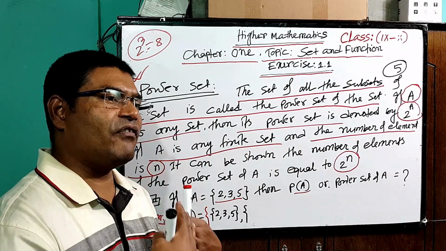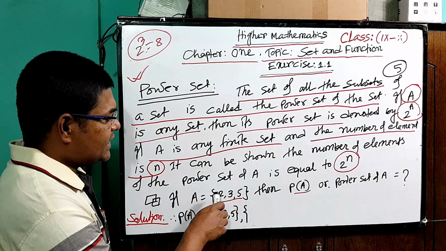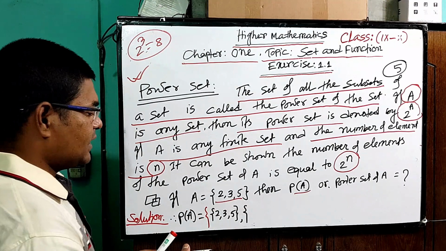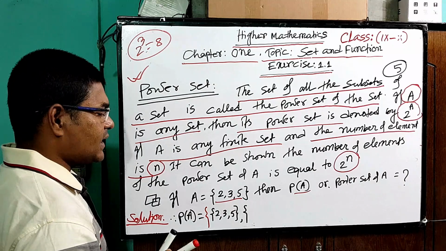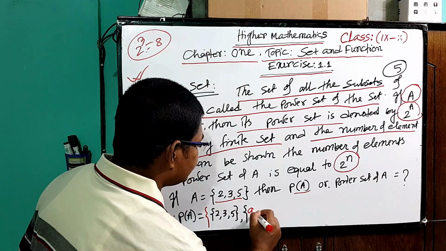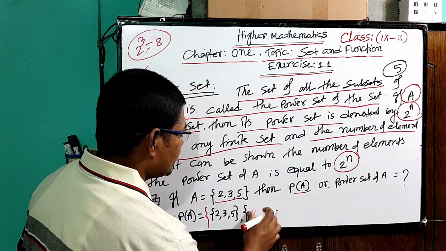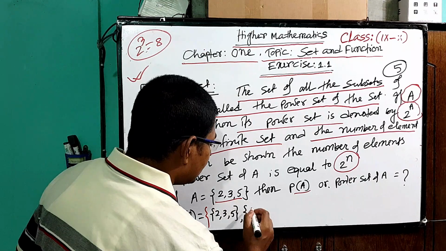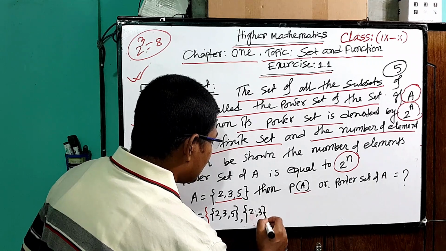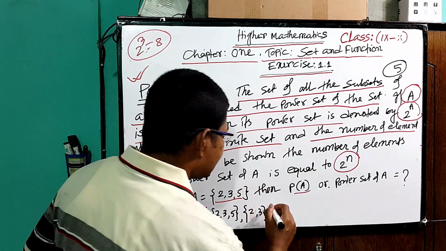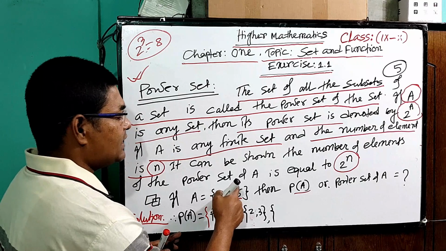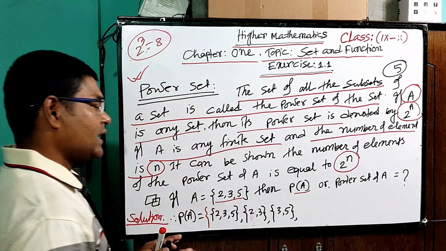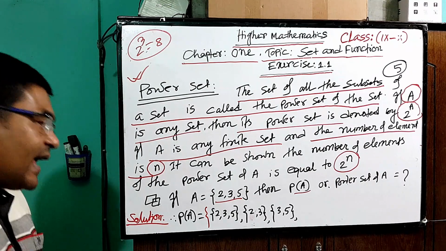Same way, this is A, B, C. Then AB, replacing: this is A, this is B. So AB, BC, and AC.